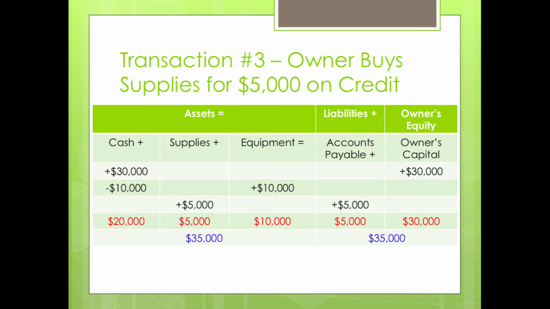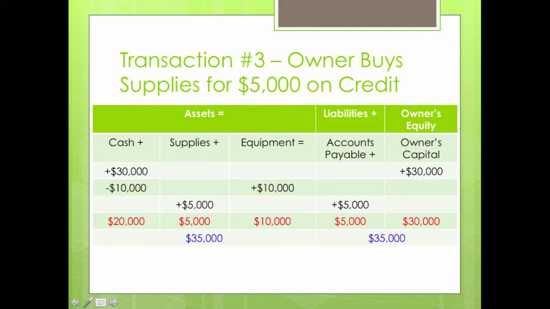So to answer this question, go back to slide number 6 that talks about liabilities. And it shows you the different accounts. Remember that the accounts within liabilities are accounts payable, notes payable, and salaries and wages payable. The owner is buying this on credit, so treat it like a credit card. Therefore, we are going to record this under accounts payable within the liabilities component of the accounting equation, okay?